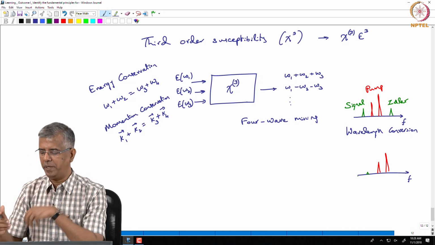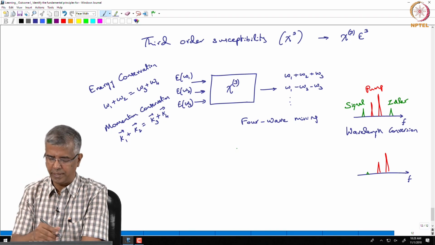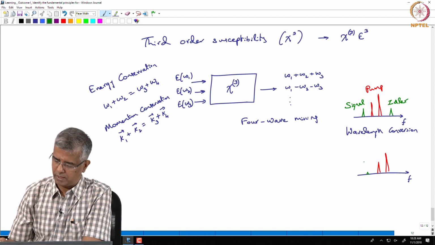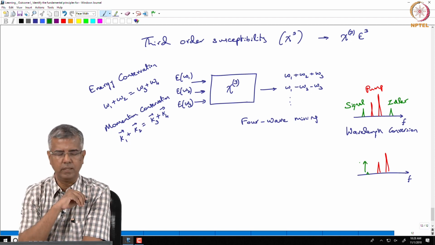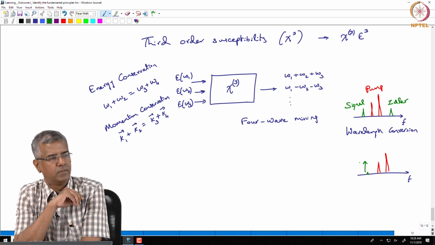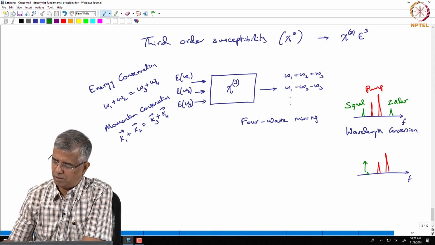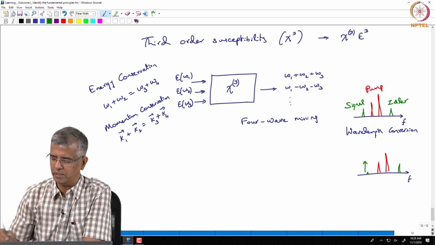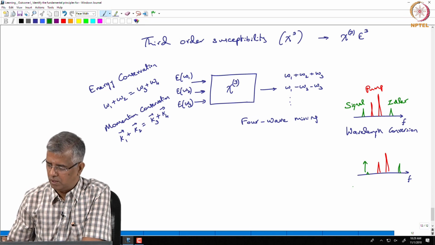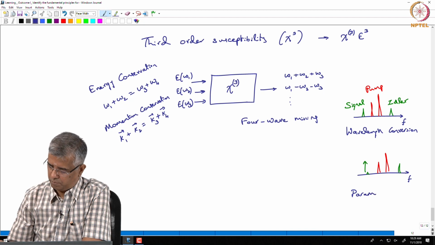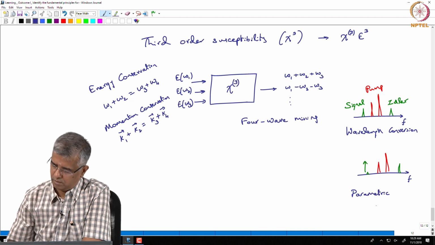So I can go through a medium like this, provided this energy and momentum conservation is done. I could amplify that signal, okay. And of course, I would also generate an idler in the process, but I could achieve signal amplification through this. So this process is called parametric amplification.